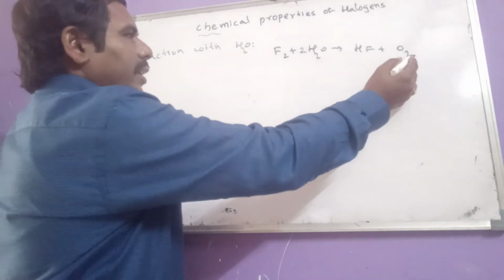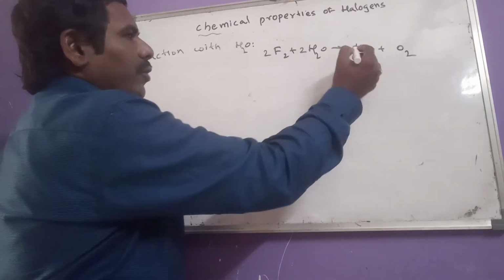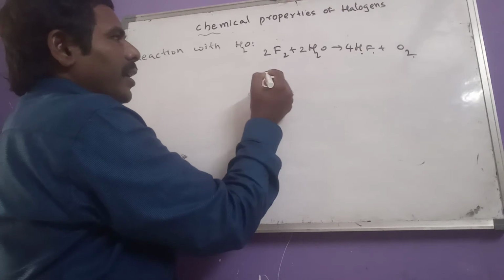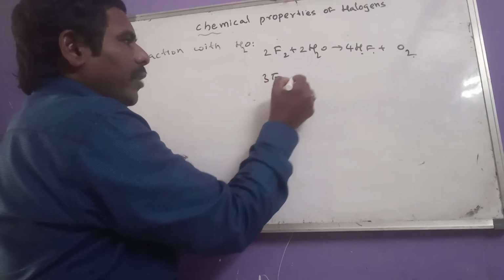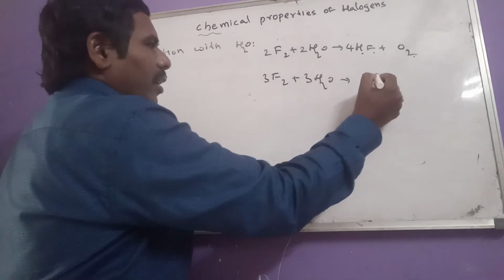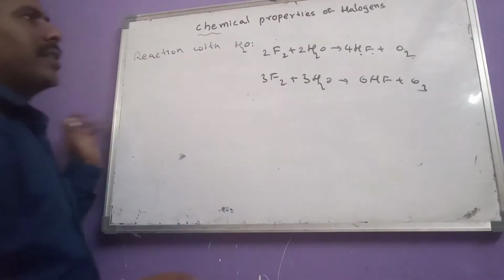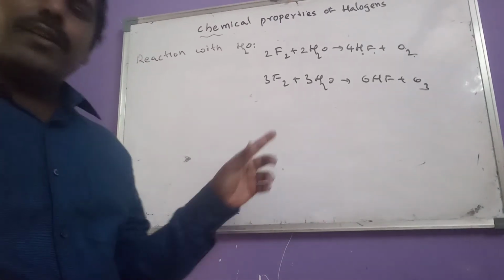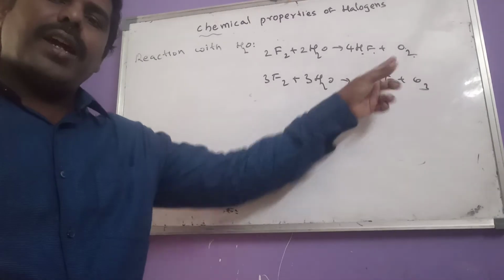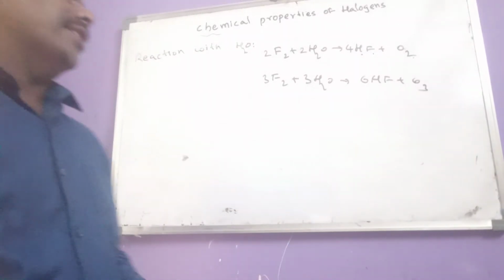To get oxygen: 2H2O plus 2F2 gives 4HF plus O2. And sometimes that may give ozone as a product: 3H2O plus 3F2 gives 6HF plus O3. So fluorine reacting with water gives a mixture of ozone and oxygen, that is, ozonized oxygen.